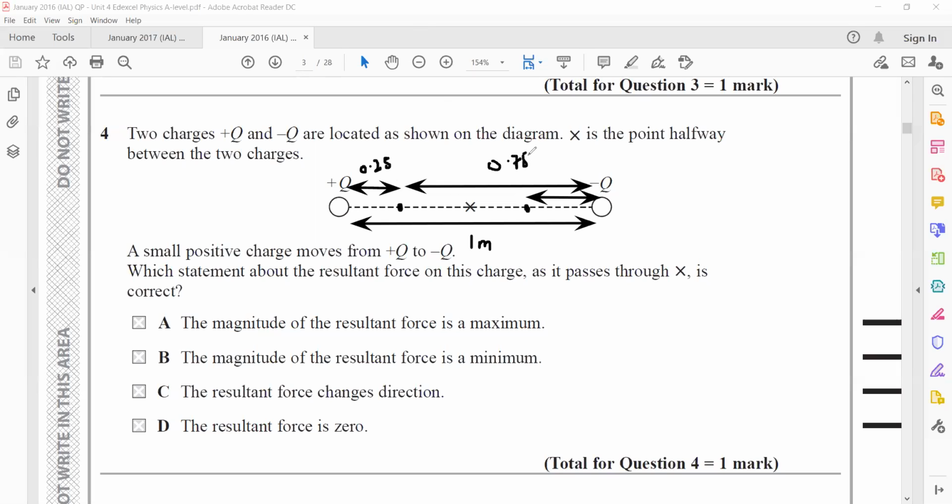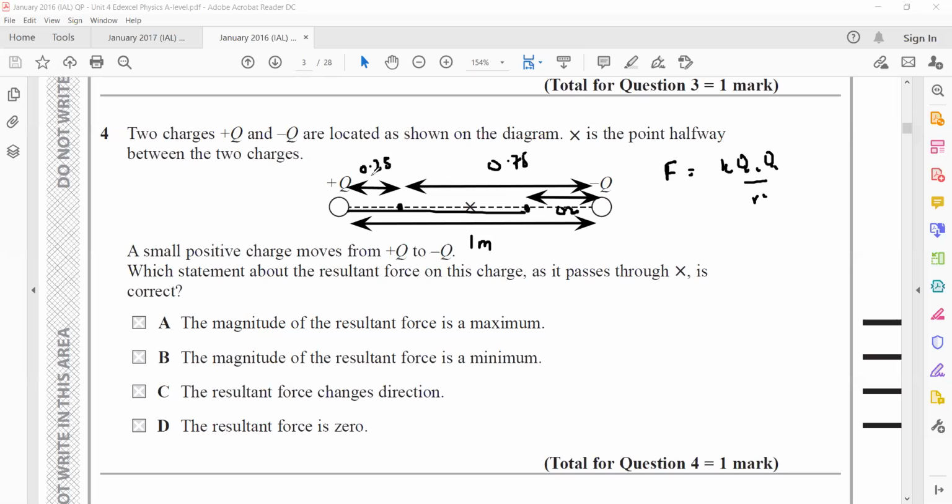Or this will be 0.75, and the other one will be 0.25. But when it is exactly at the center, you can see how the force between the charges varies. F equals K Q1 Q2 over R squared.